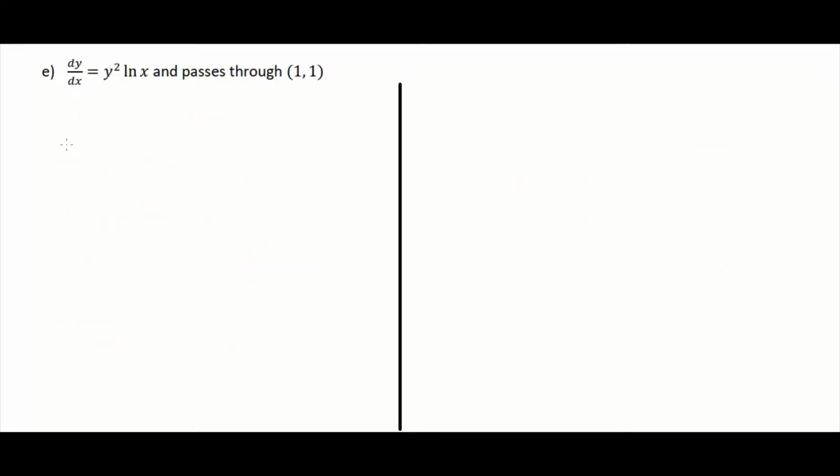For E, dy/dx equals y squared ln x and passes through (1, 1). Same thing, we try to write down the equations. Move your y term to the left hand side, then start the integration with respect to x.